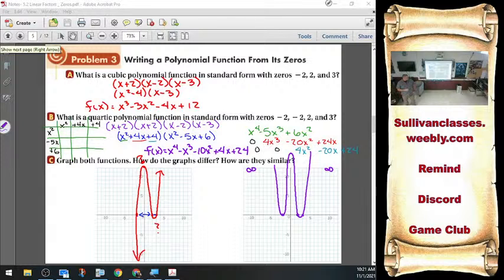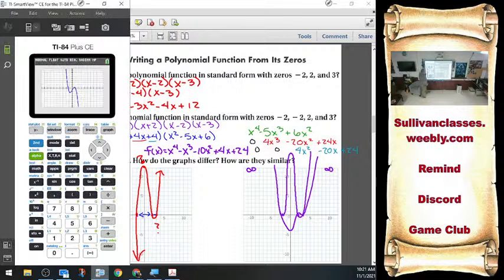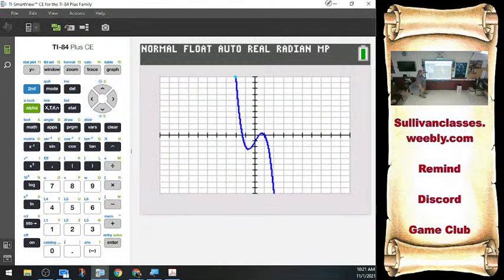But why doesn't it go through here and then like that? All right. Let's just put them both on the same graph. Get your calculatron. Let's put them both on the same screen and see what's up.